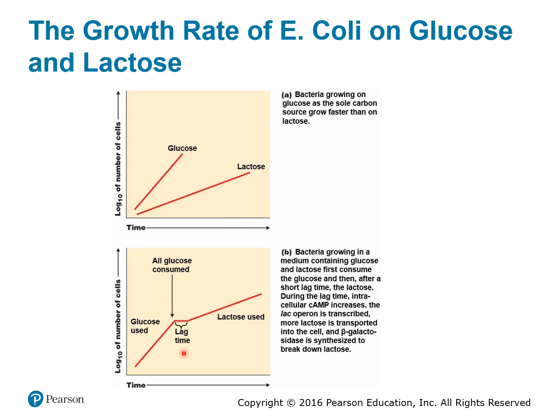that's when the cyclic AMP levels are going to increase, activating the CAP protein, binding to the promoter. So all of this takes a while before the transcription and translation of the genes responsible for encoding the proteins to metabolize lactose can go ahead and take place. So because there's that period of time where all of these events are taking place, you get that lag time.